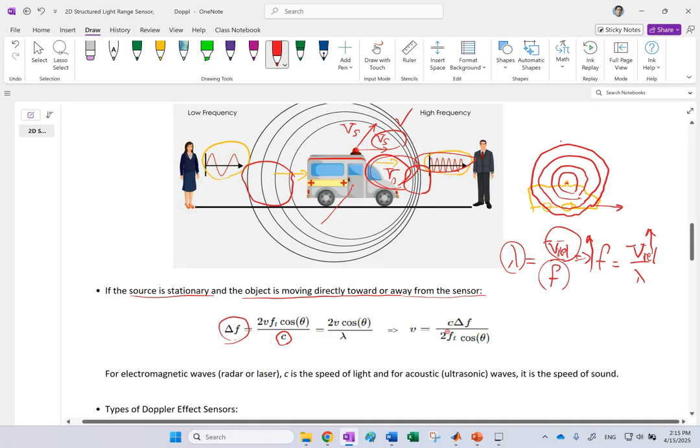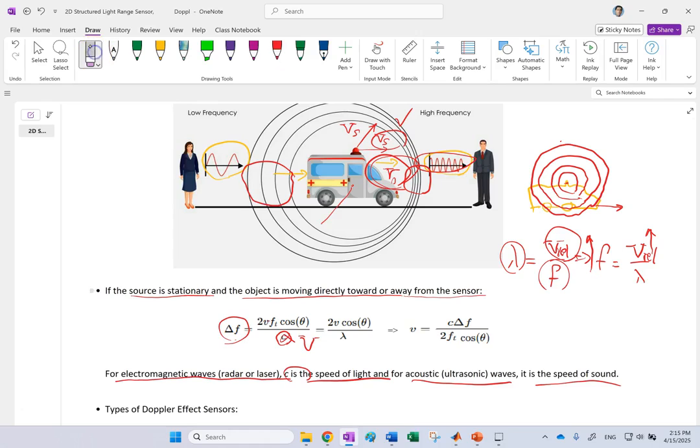So the c, if you don't like it, you can replace it by v if you want, but that v and this v are kind of the same. That's why here we are using c for that notation. So c is the speed of the wave, okay? And then delta f is the difference between those frequencies. V is the one that you are interested in, that's v of the object.